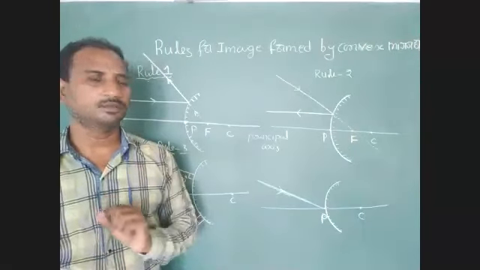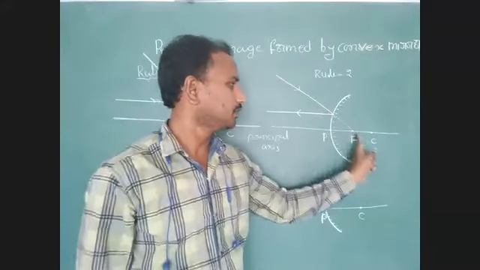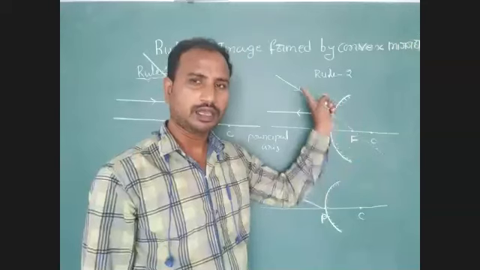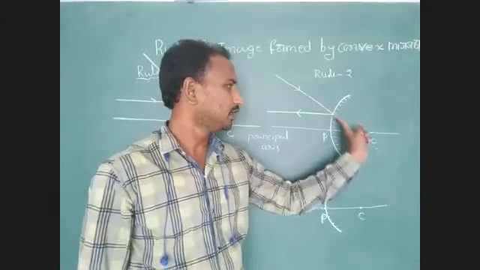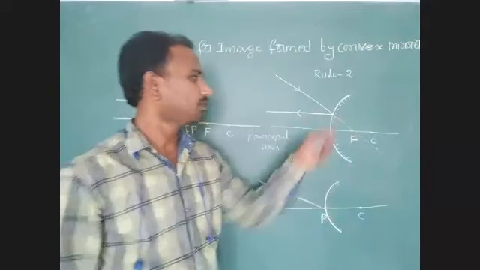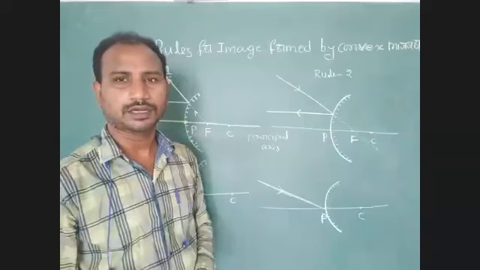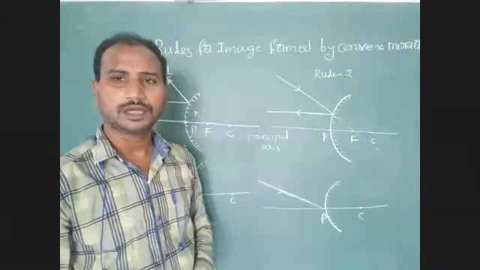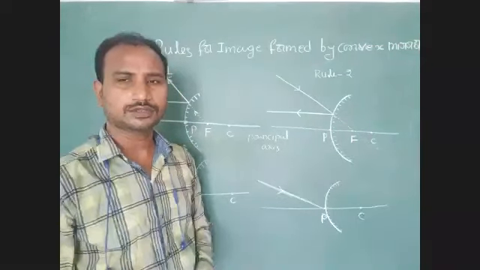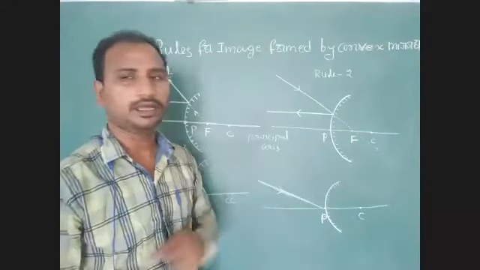What is the reason? Just identify, the actual path of the incident light ray is passing through the principal focus. But what is the direction of the reflected ray? The reflected ray is parallel to the principal axis. Okay, students, do you have any doubt? So this point we can identify.